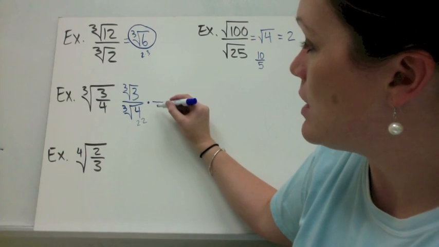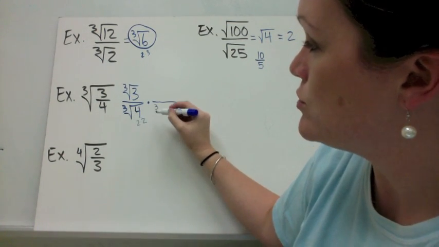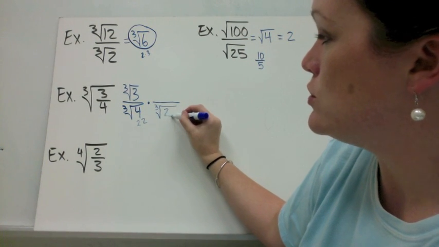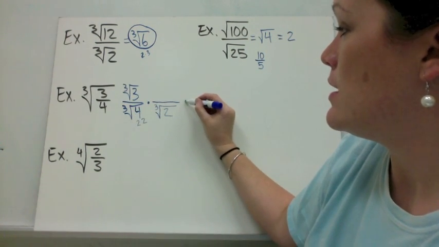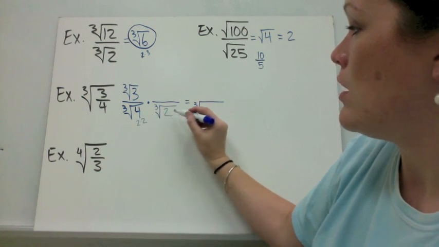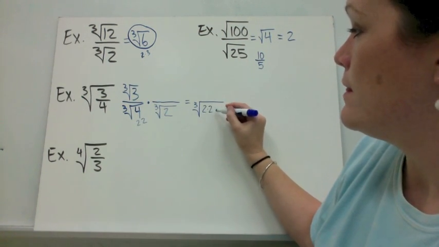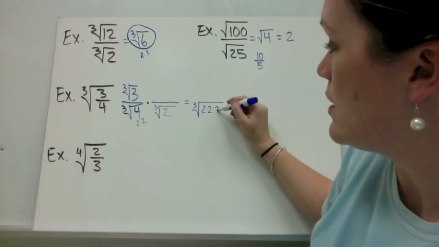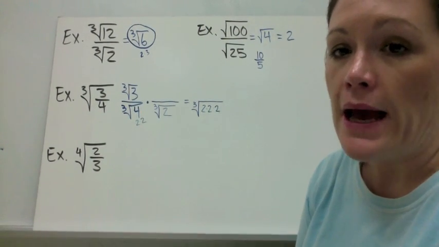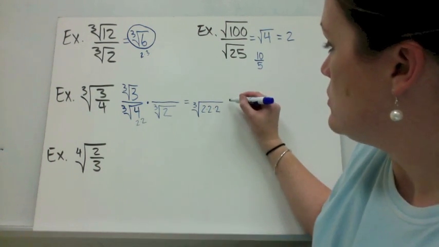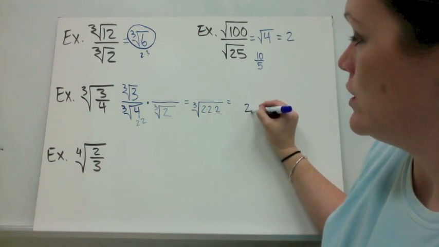So I'm going to multiply, I can only multiply cube roots by other cube roots, but I just need one more 2 so that down here in my denominator, it would give me the cube root of 3 2's, so that I could take out a 2 evenly and there'd be nothing left behind. So I'm going to keep going and put a 2 over here, and then we'll work on the numerator.